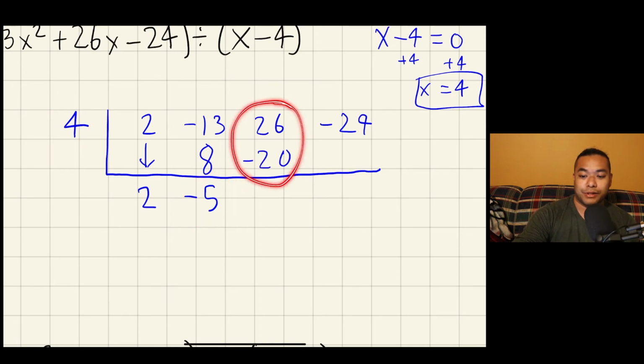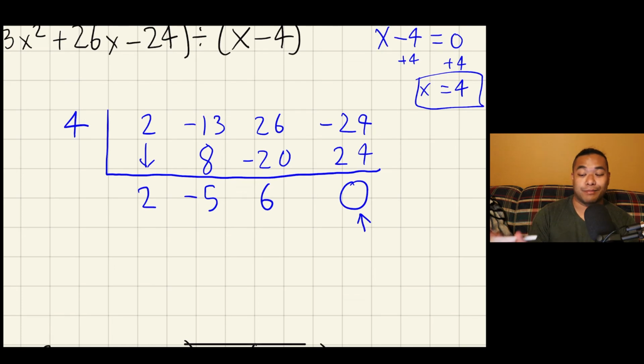Add these numbers. 26 minus 20 gives me 6. And then 4 times 6 gives me 24. Add these numbers. Negative 24 plus 24 gives me 0. So this 0 at the end here means no remainder. I've solved it.